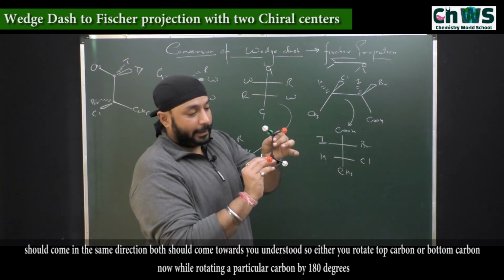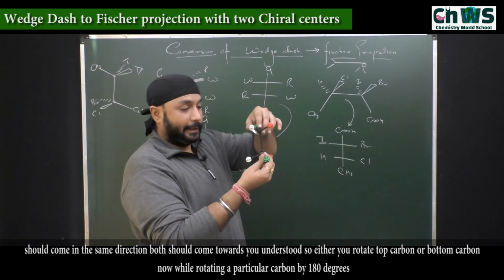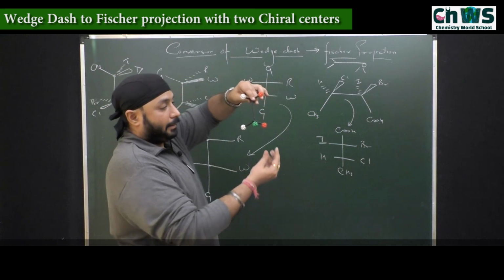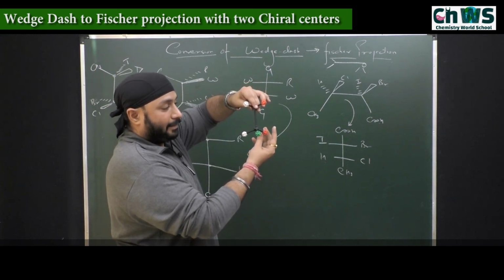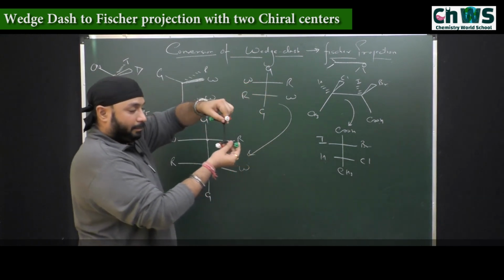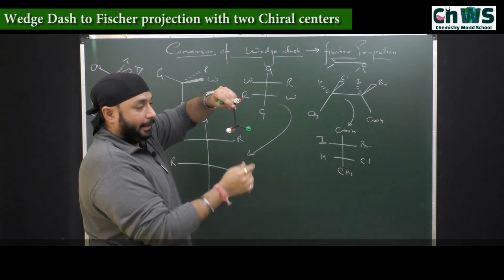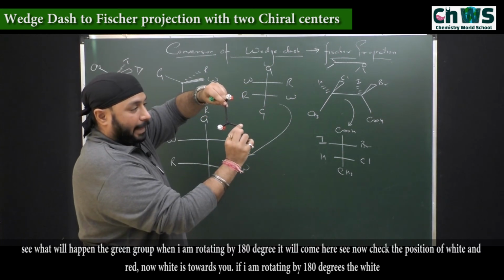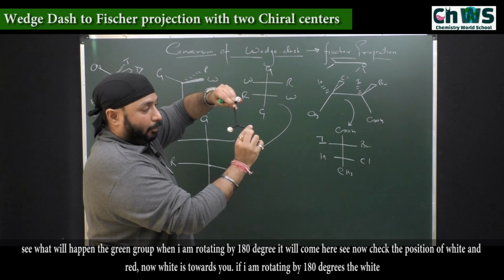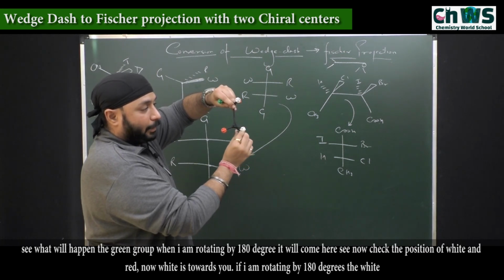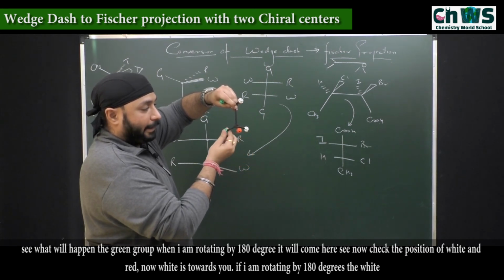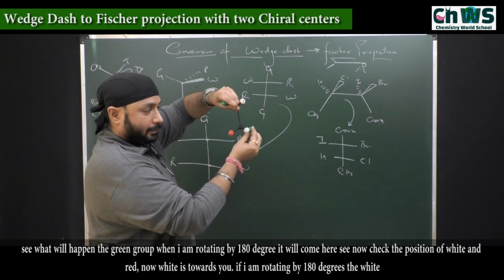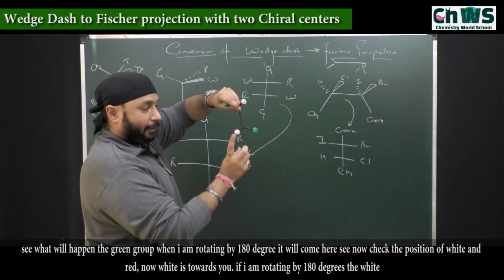Now while rotating a particular carbon by 180 degrees, understand things. I am rotating it by 180 degrees. Now see what will happen. The green group, if I rotate it by 180 degrees, will come here. Now check the position of white and red.